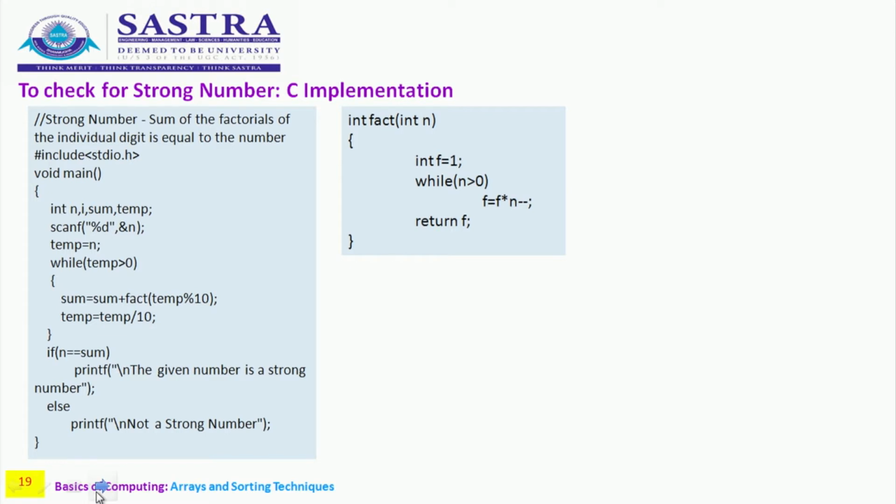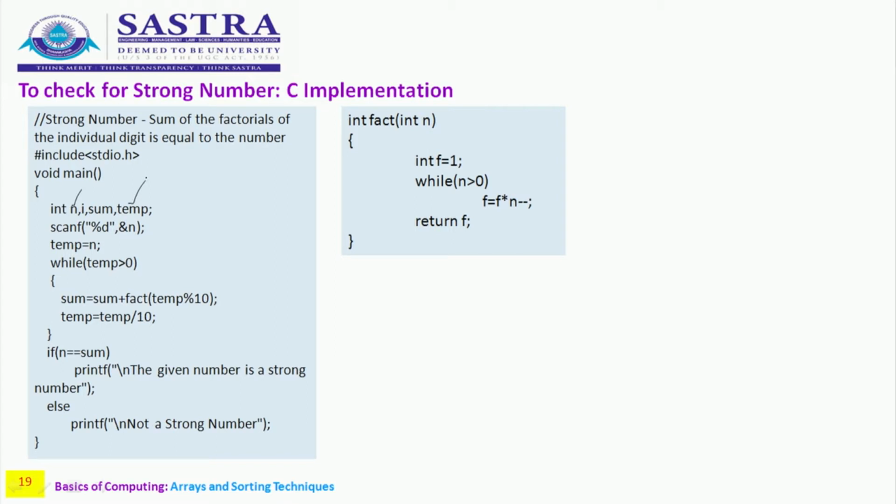We already know strong numbers are those where the sum of the factorials of the individual digits must be equal to that number. We have a variable for storing the number entered by the user, and as the number is processed in this program, it is stored in a variable called temp.